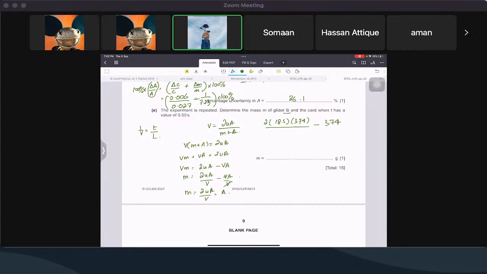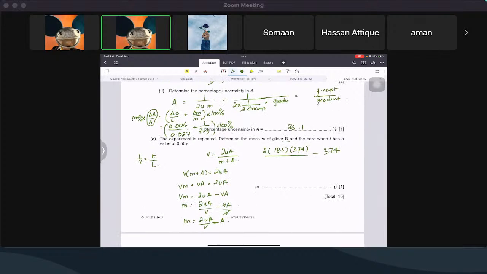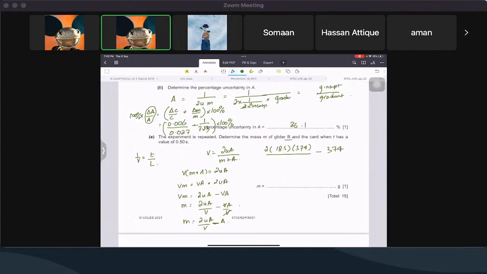So should I have minus or equals? Minus. We have the u value and the a value, which we found from the question above, and then we need 1 upon v. 1 upon v was given as t upon l. They have given t here that I was looking for, and the length was the same, 5 centimeter, because that's given in the question.